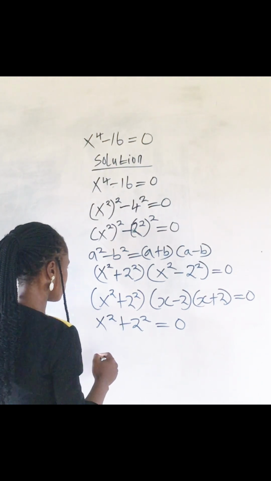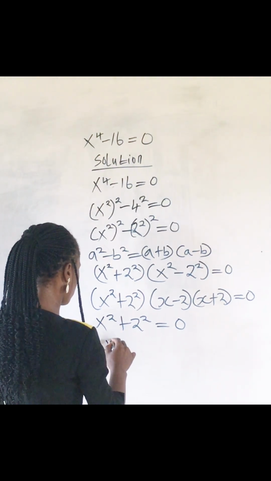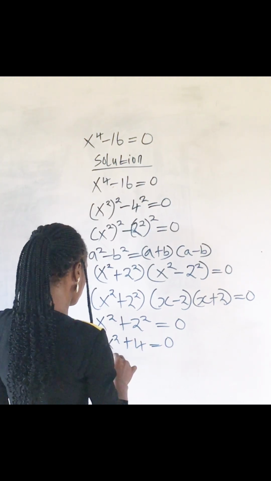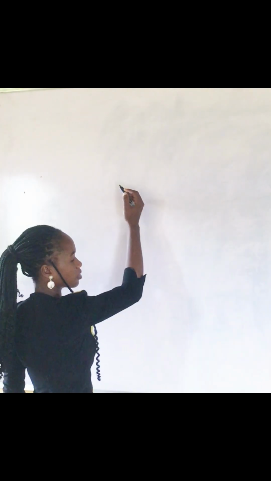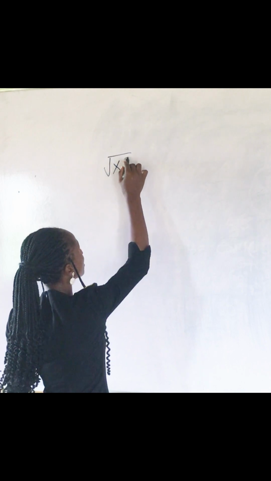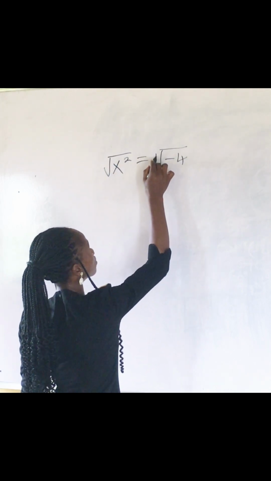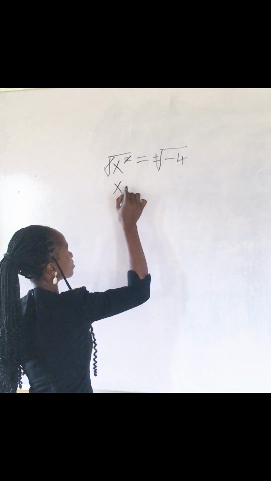So this will become x squared plus 4 equals 0. x squared equals minus 4. To get the value of x, we have to take the square root of both sides. Square root of minus 4, plus or minus. So this square root cancels the square here, and we are left with x.